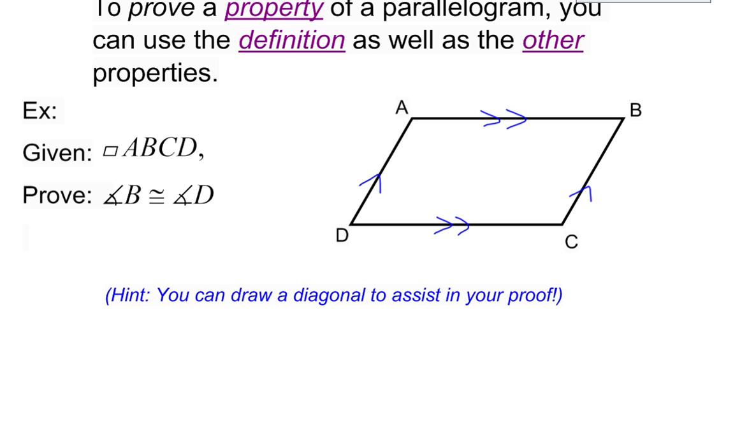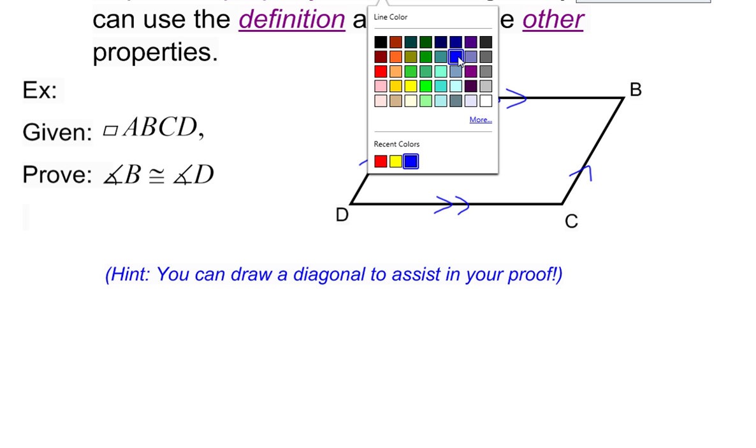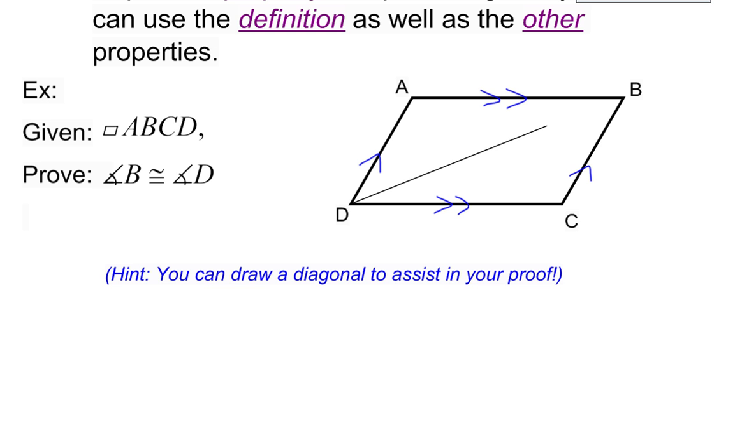Okay, so let's understand what we're going to do. We're going to first construct a diagonal. We're going to draw a diagonal that goes from D to B, and we're going to use triangle congruence to prove that angle B is congruent to angle D. Actually, you know what we're going to do?